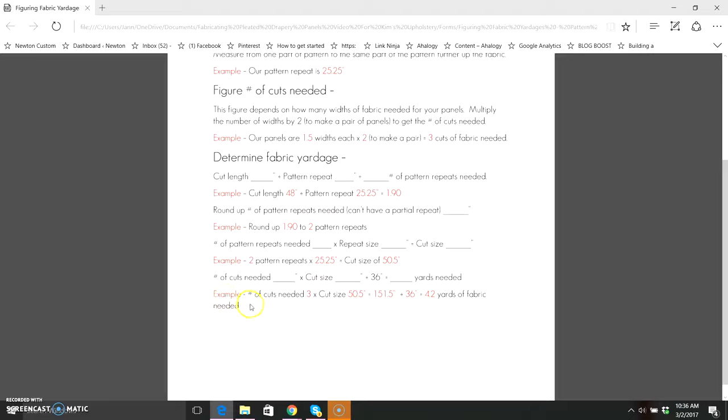In our example, the number of cuts needed was 3. We multiply that by our cut size of 50.5 inches. That equals 151.5. We divide that by 36 inches and we come up with 4.2 yards of fabric needed. I would probably round that up to 4 1/4 or 4.5 yards of fabric.